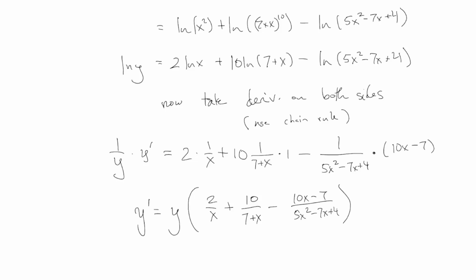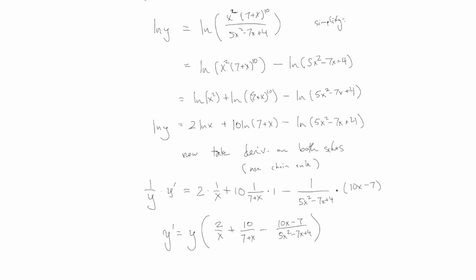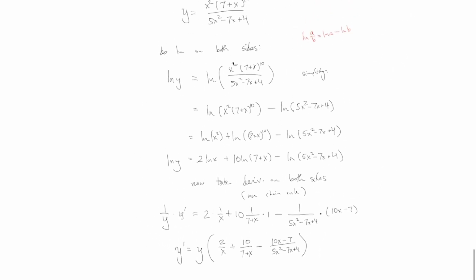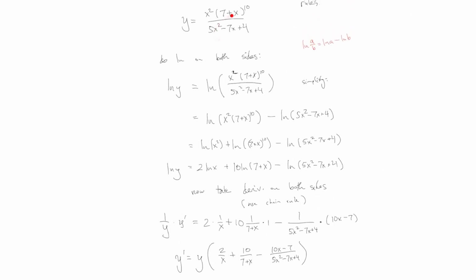All right, and finally, last step. This is pretty much the answer, but I don't want a y to appear in the answer, so I can plug in where we started, all the way at the top there, you can see y equals this stuff in terms of x. So to write my final answer all in terms of x, I'm just going to replace y with that.